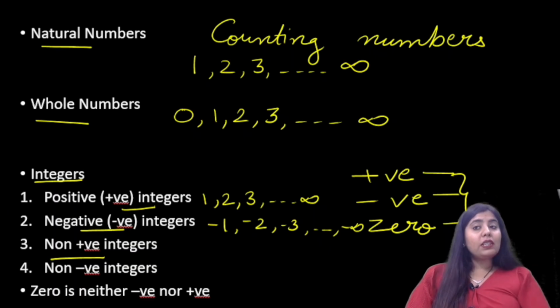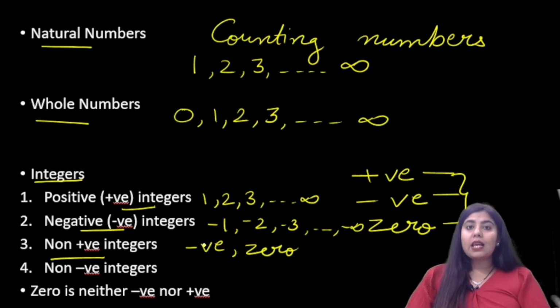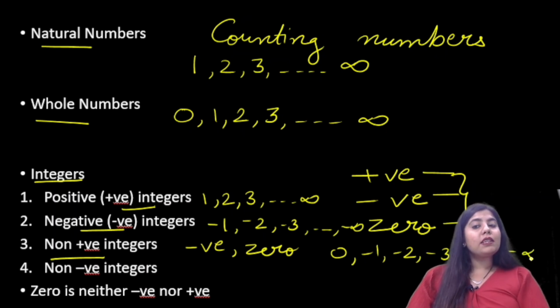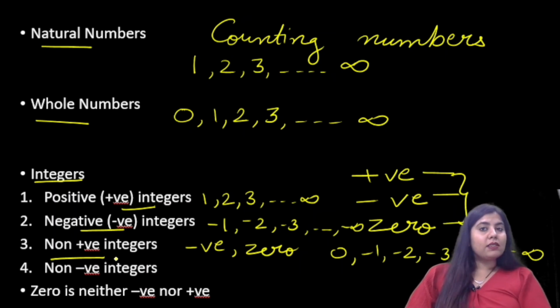See, the word itself shows what it means. Non-positive means those numbers which are not positive. Not positive means negative numbers and 0. Negative numbers and 0 means 0, -1, -2, -3 up to minus infinity. These are the non-positive integers.